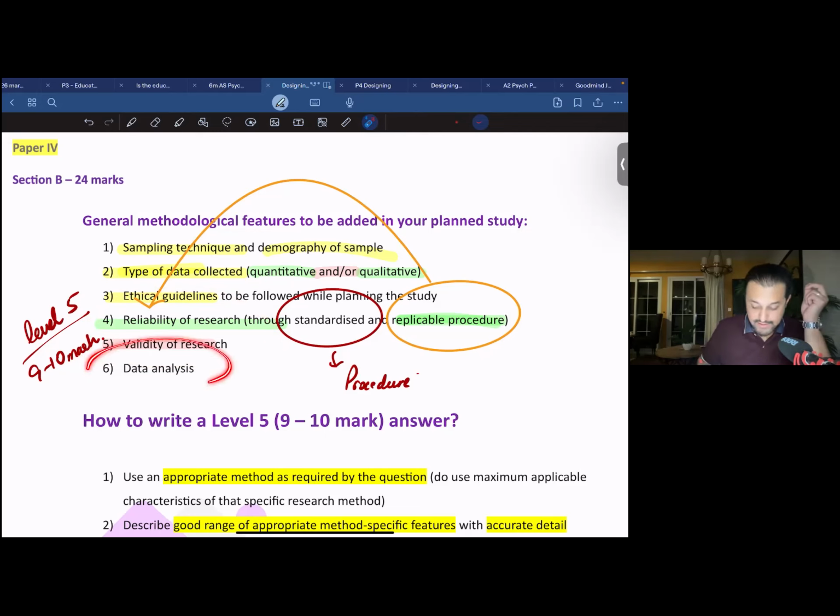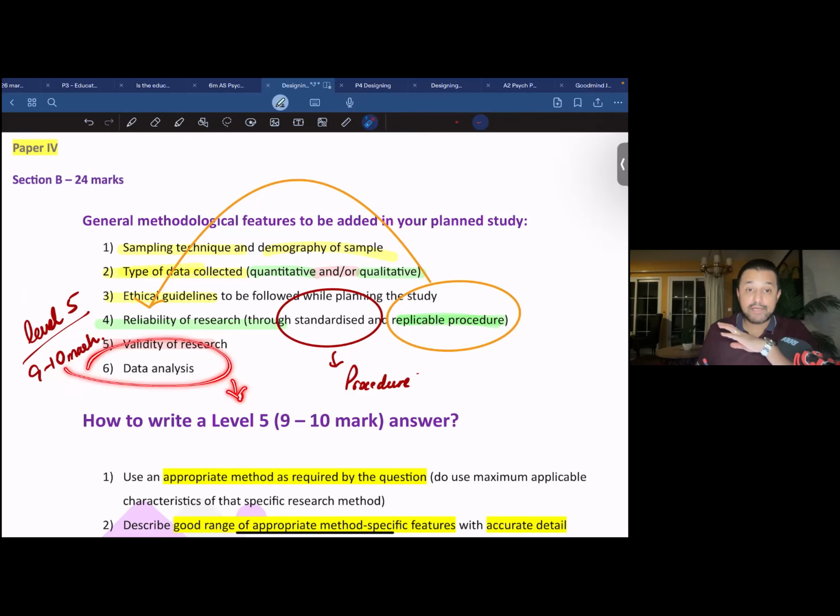And towards the end, data analysis. Now, this word data analysis, I've seen students worry about this data analysis part, and I've been seeing this for years, more than a decade now. It's simple. When they use the term data analysis, they're not asking you to do any mathematical calculation. This is a psychology paper, not a mathematics paper.